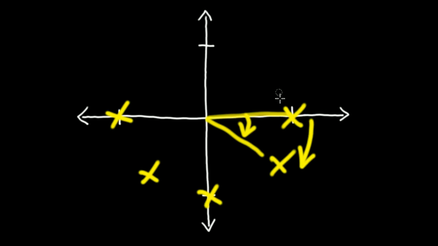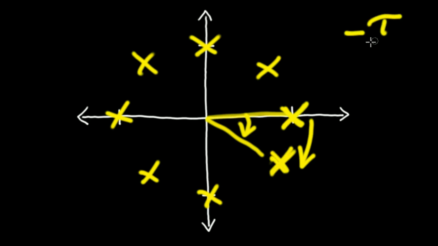So what is the frequency of this signal? 1, 2, 3, 4, 5, 6, 7, 8 samples around the unit circle, and then it repeats itself. Well, I would say that's negative tau over 8. That's the frequency.